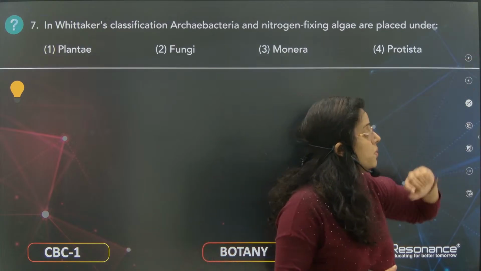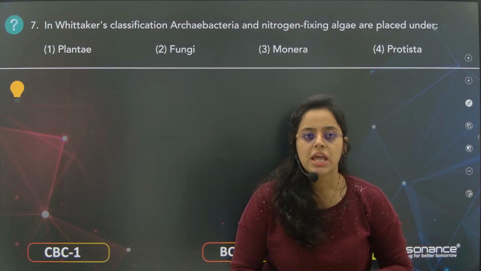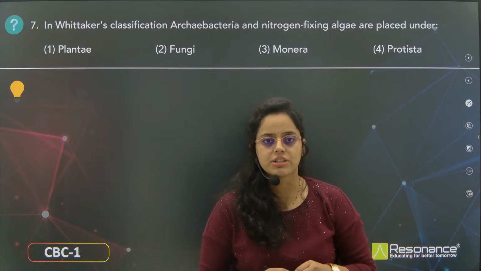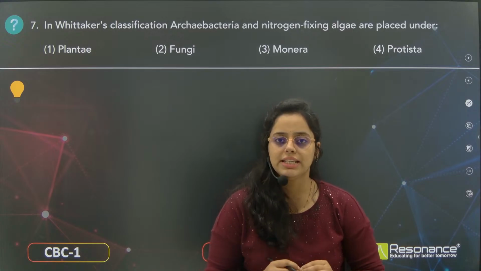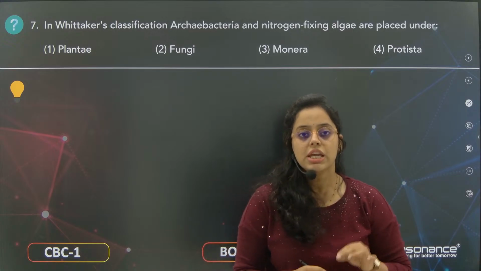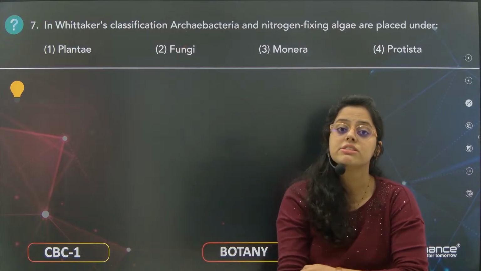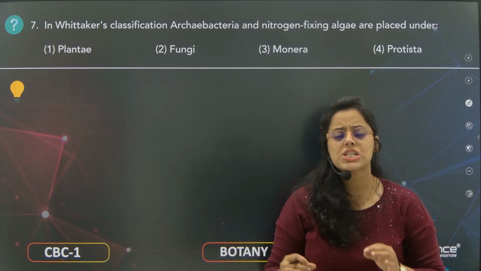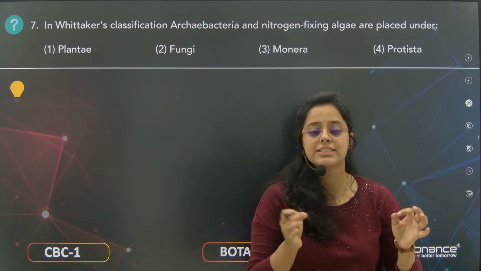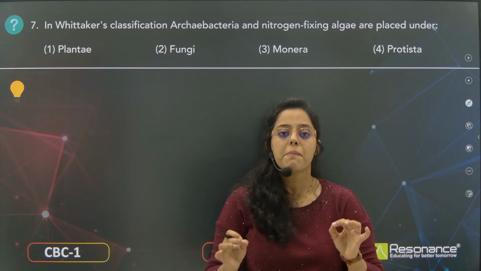Now moving to the next question, question number 7. In Whittaker classification, archaebacteria and nitrogen fixing algae are placed under. If you see, archaebacteria are ancient bacteria, the first bacteria that formed, which are very primitive, and examples of archaebacteria are methanogens.